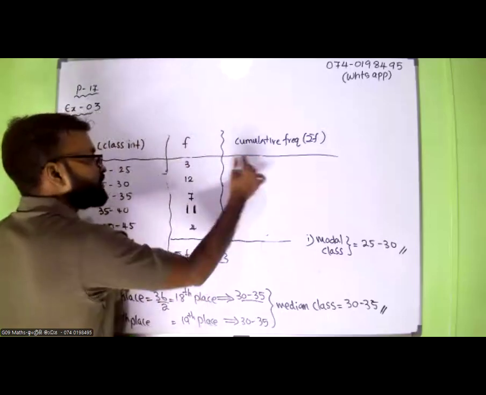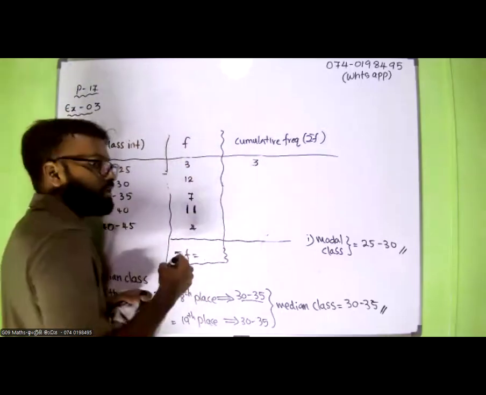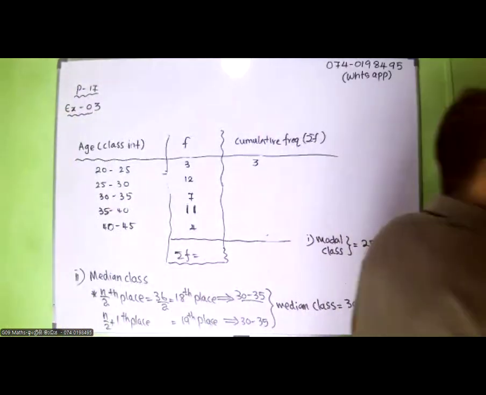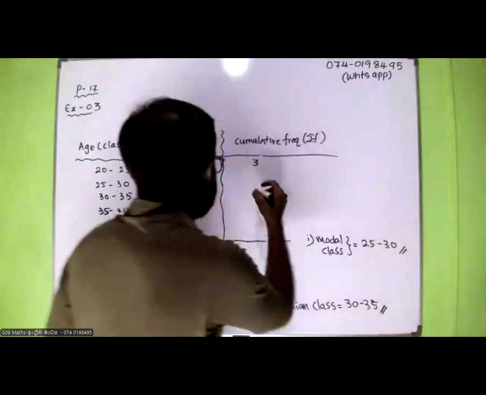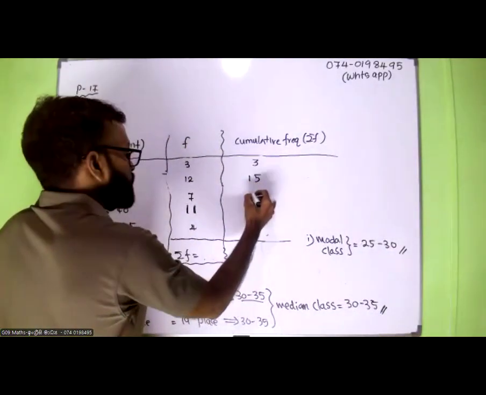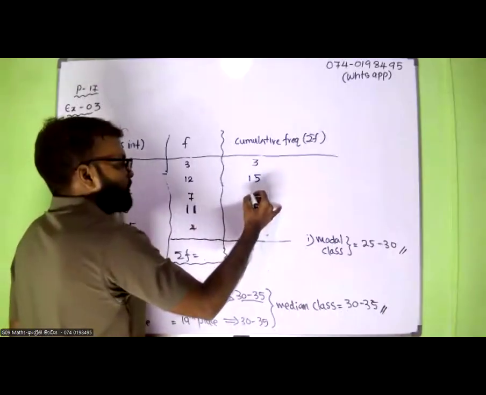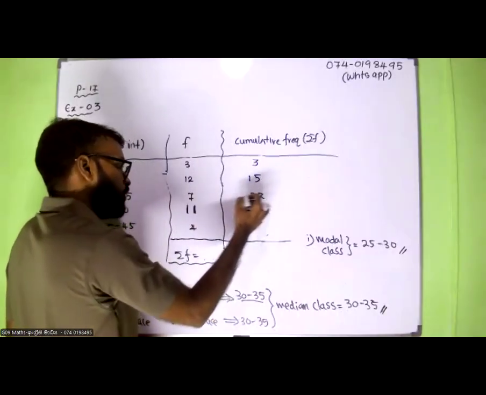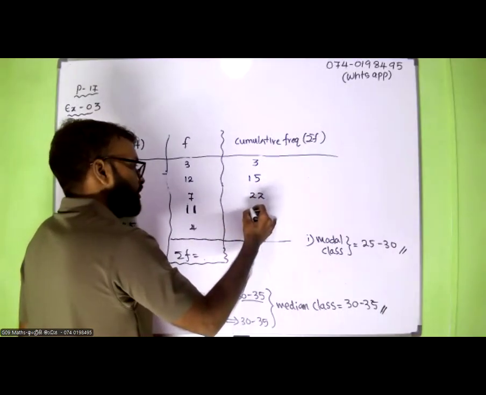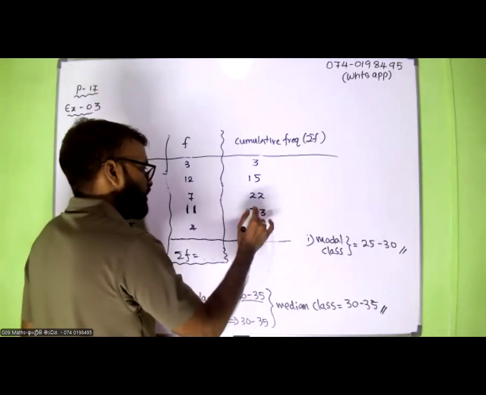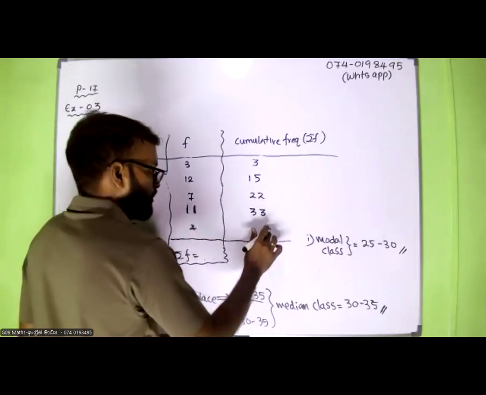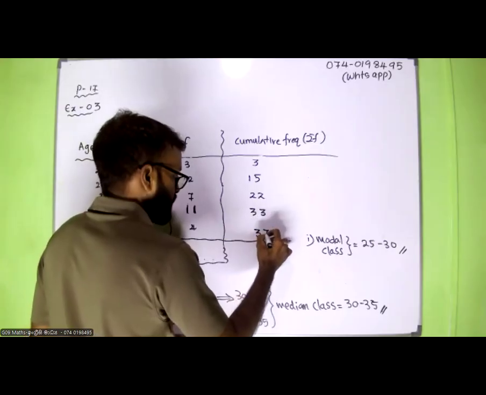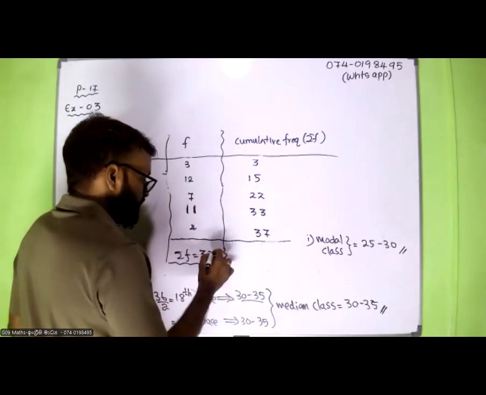So this is 3, then 12 plus 3 is 15, then 15 plus 7 is 22, 22 plus 11 is 33, 33 plus 4 is 37.